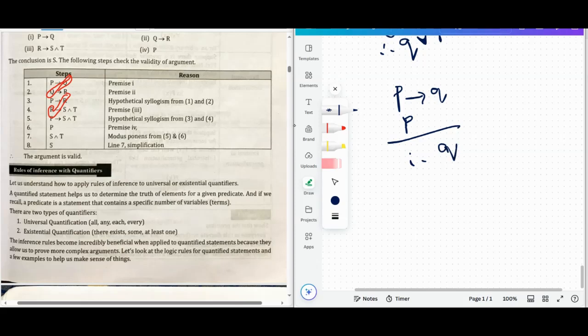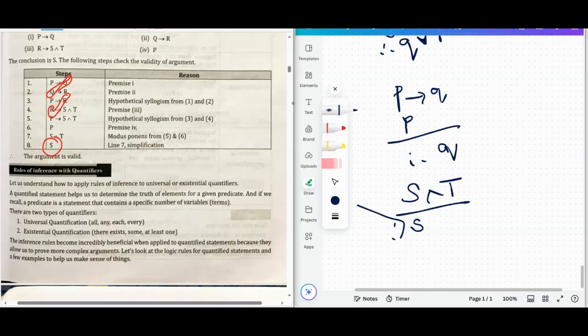It is Modus Ponens law. We had the Modus Ponens law. It says P implies Q and P will give you Q. That is Modus Ponens for 5 and 6. Then we have the other one, S and T. S and T will give you S. It was the simplification law. So by using this, we prove that the given argument is valid, where S is the conclusion.